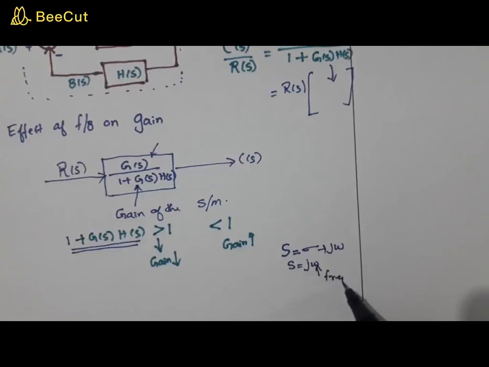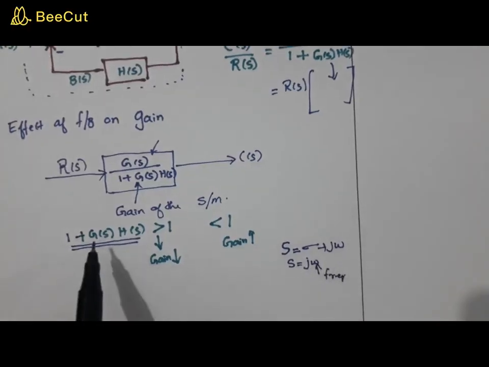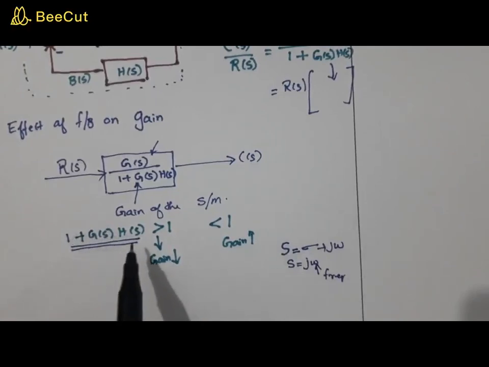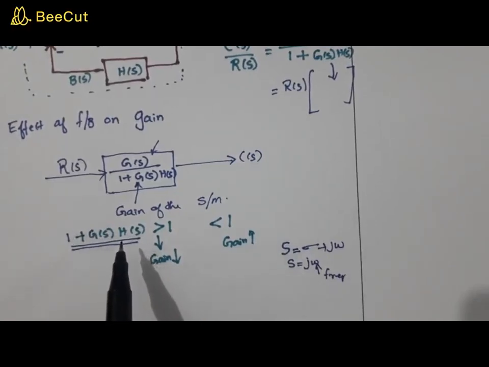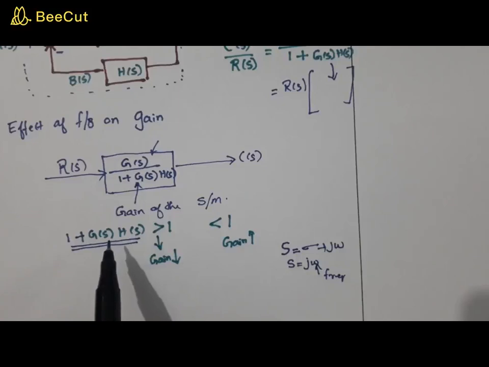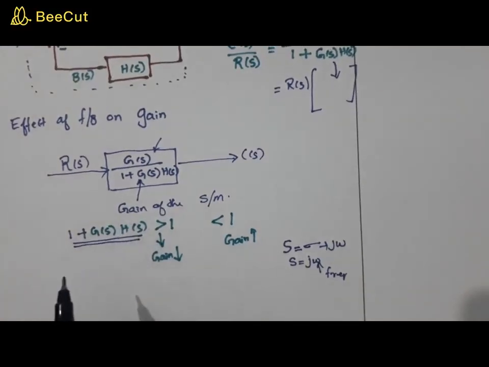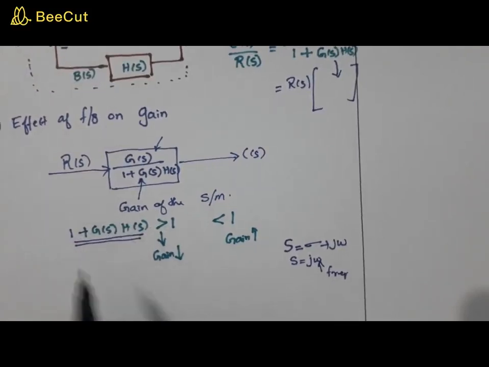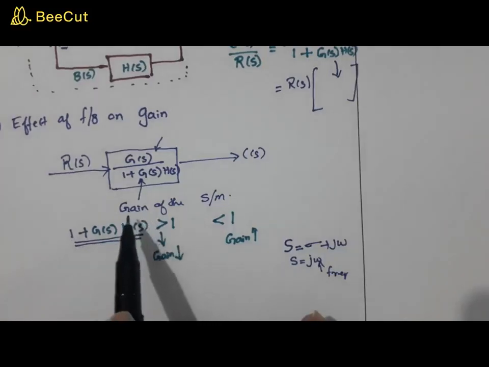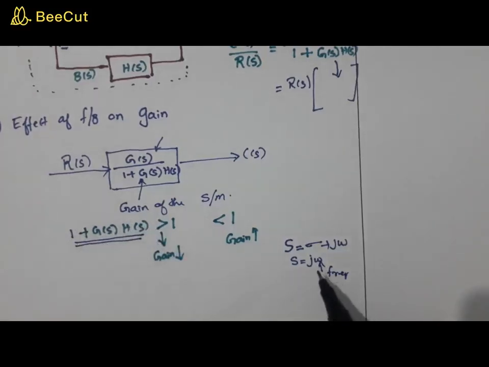Omega is the frequency. So as the frequency of the input increases, 1 plus G of S H of S varies according to frequency.